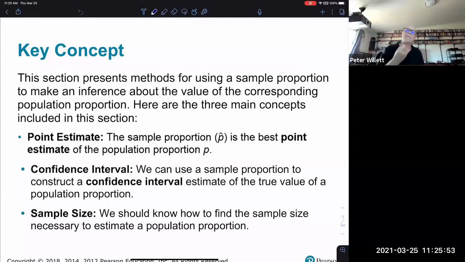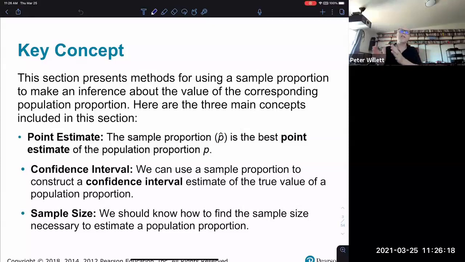And I could instead make a statement something like, based on the results of my sample, I'm 95% sure that the range of values between 28% and 32% contains the actual proportion of students at DVC that call themselves Democrats.